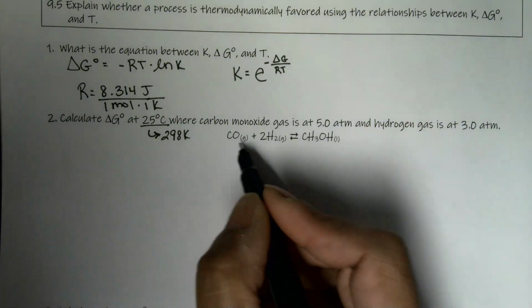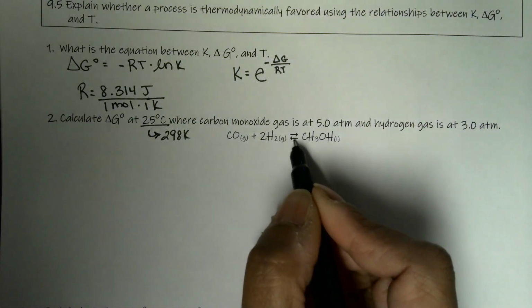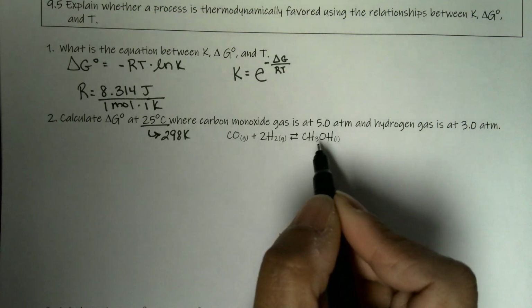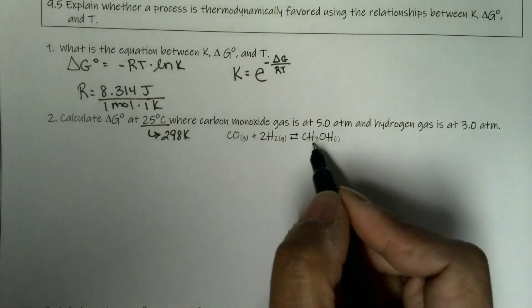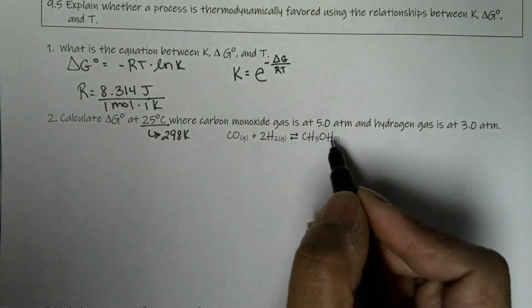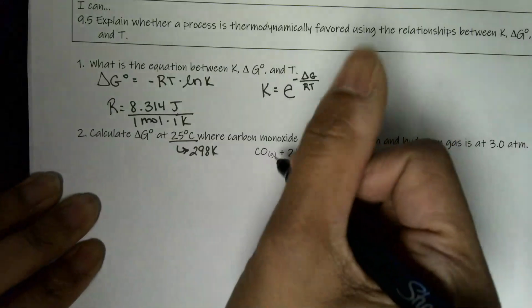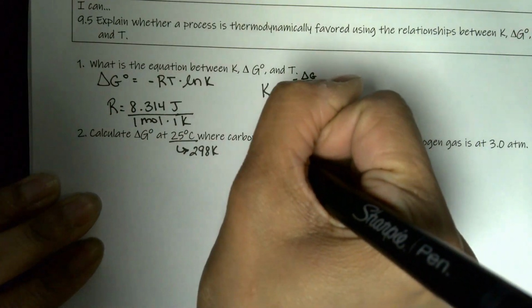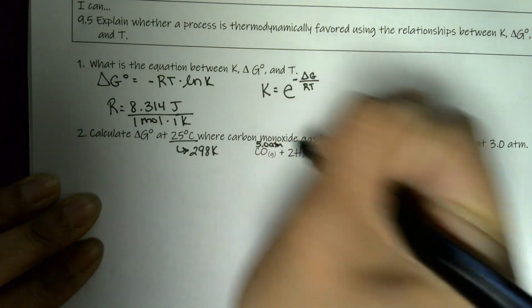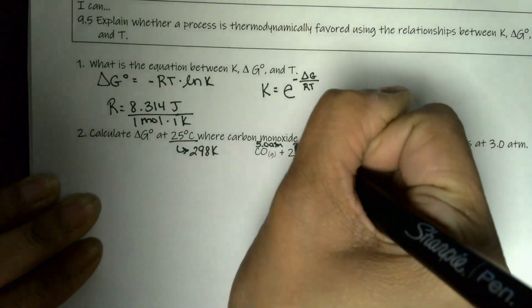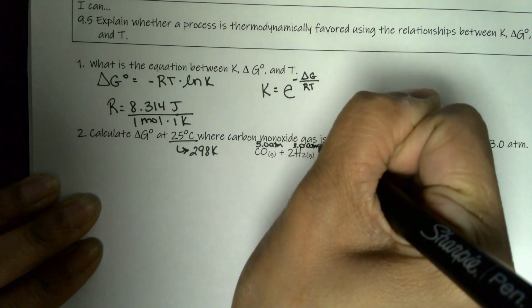So I've got carbon monoxide plus H2 gas in equilibrium with methanol, CH3OH. I know this pressure was 5.0 ATM, and this pressure is 3.0 ATM.